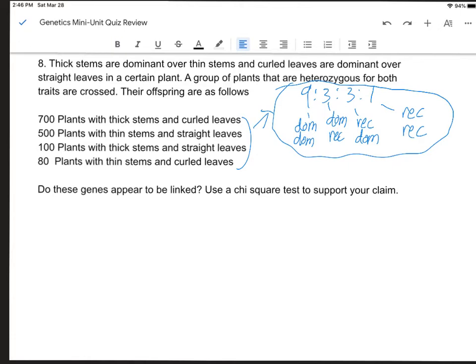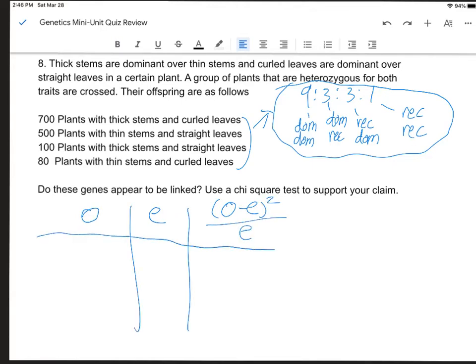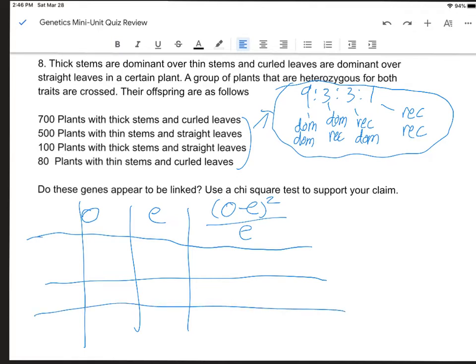So we're going to do a little bit of math now for the chi-square. Let's go ahead and make our observed and expected, and observed minus expected squared divided by expected columns. I need 4 in here. Okay, well, it's a little messy, but it'll do. So our options for plants, we have thick stem, curled leaves.